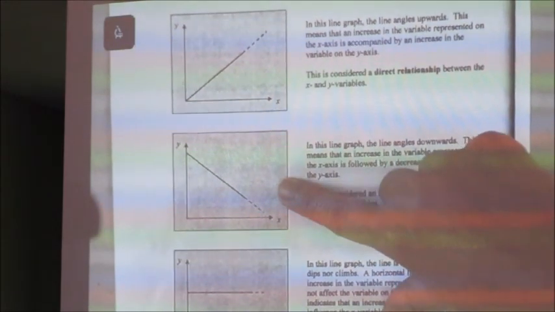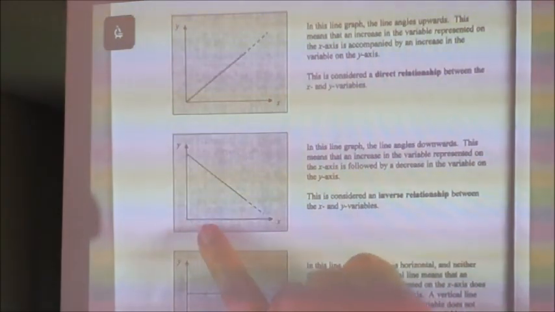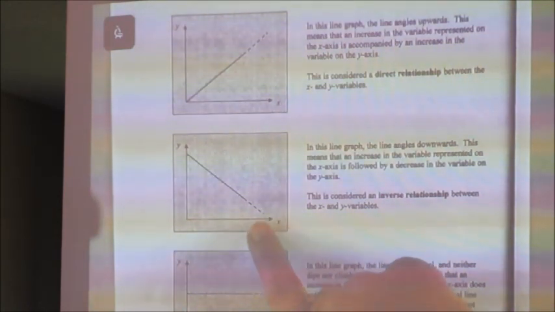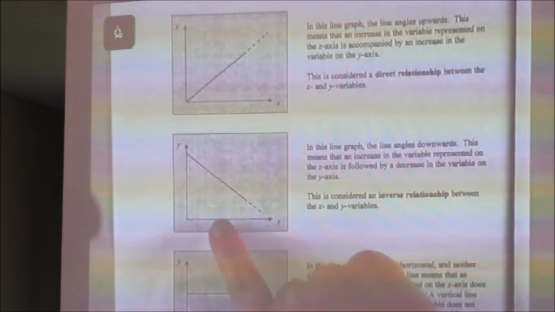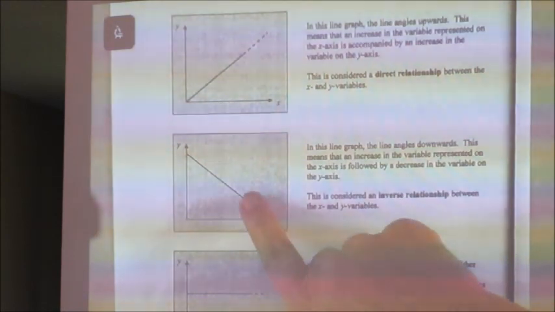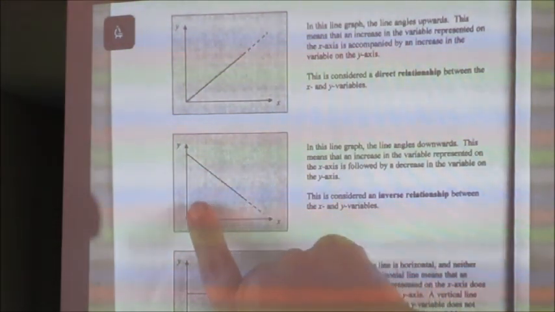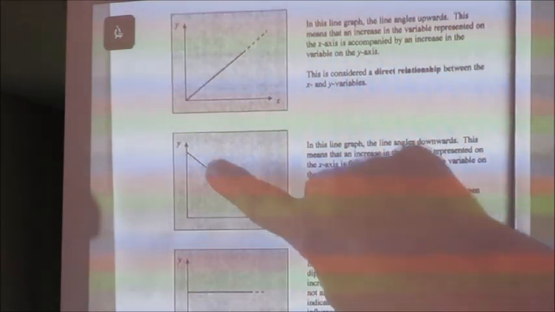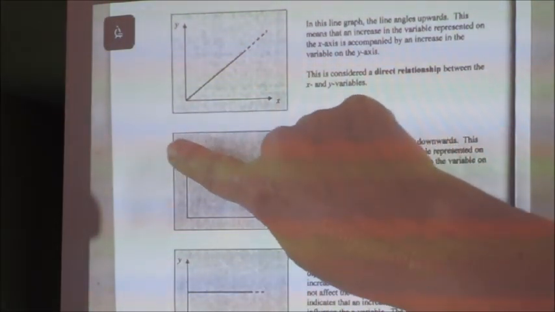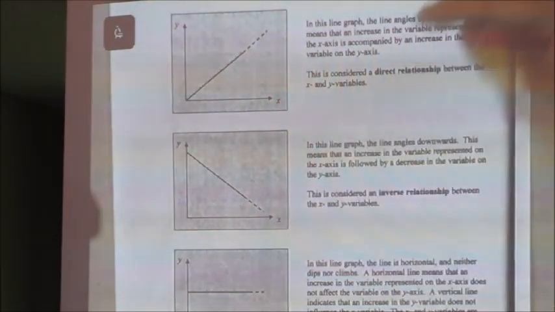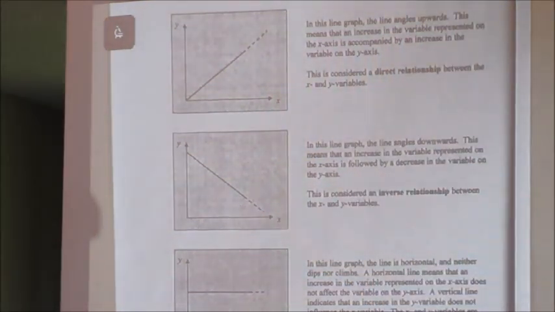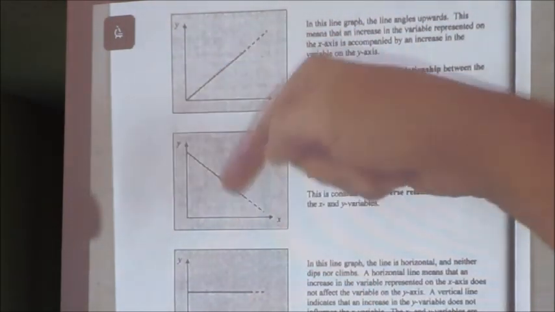The middle graph here shows that as the values on the x-axis are increasing, your dependent variable is decreasing. You see these values are lower. So the relationship between your dependent variable and independent variable is inverse. Your variables are inversely related.